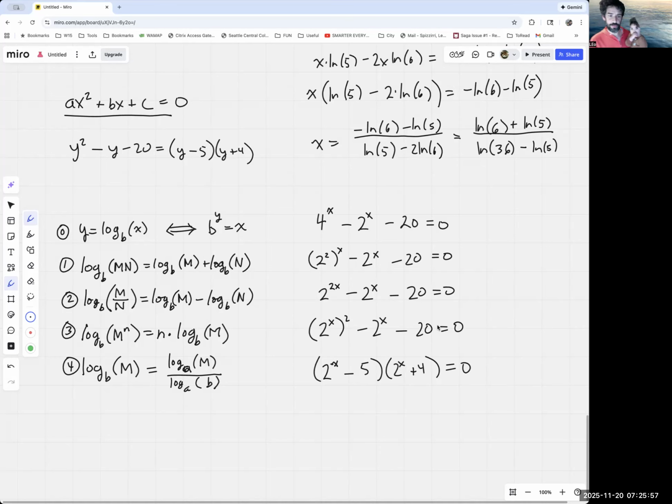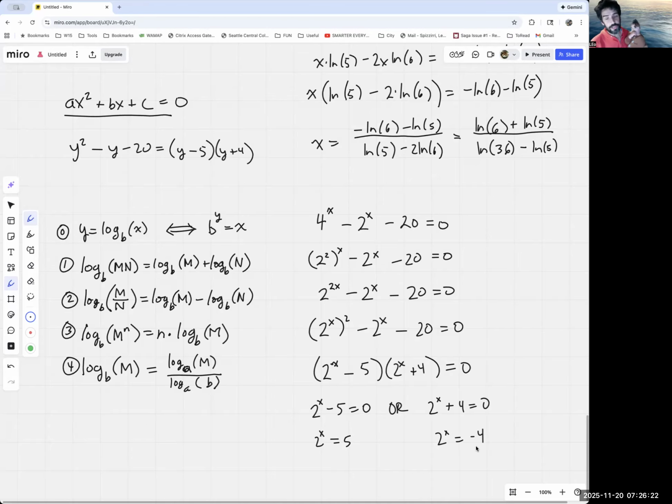Right? And we use the same rule we use when we solve these kinds of equations, that if the product of these two things is 0, one of the following must be true. Either 2 to the x minus 5 is equal to 0, or 2 to the x plus 4 is equal to 0. Right? On the left, we get 2 to the x equals 5. And on the right, I get 2 to the x equals -4.